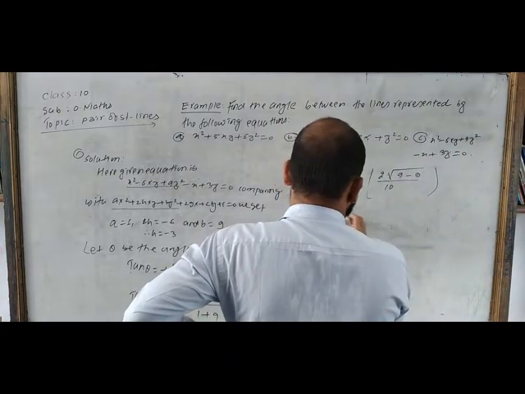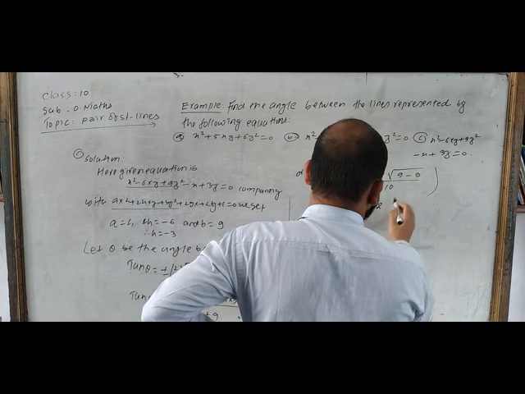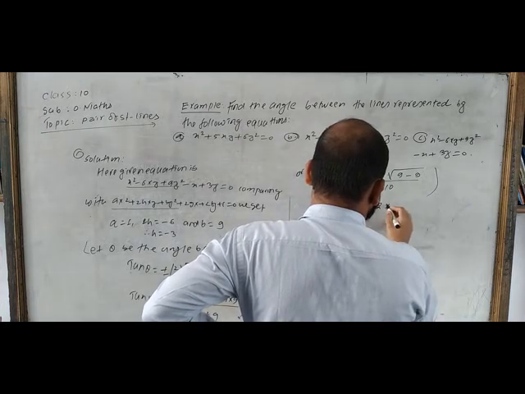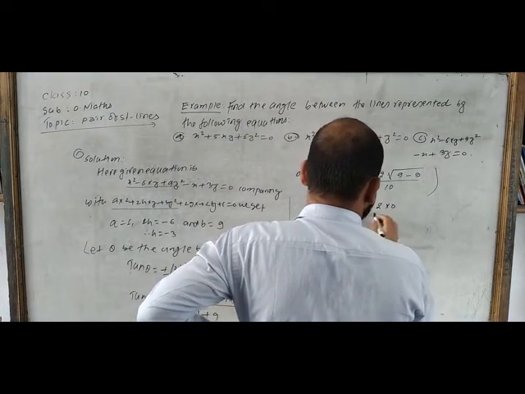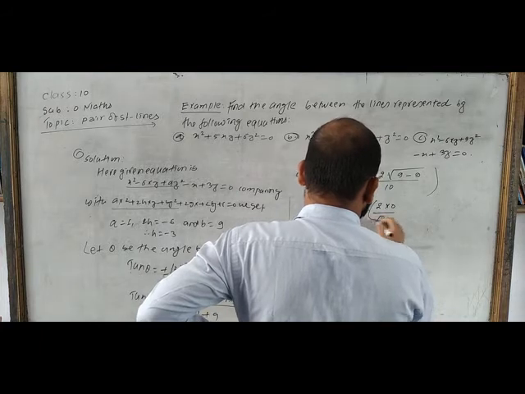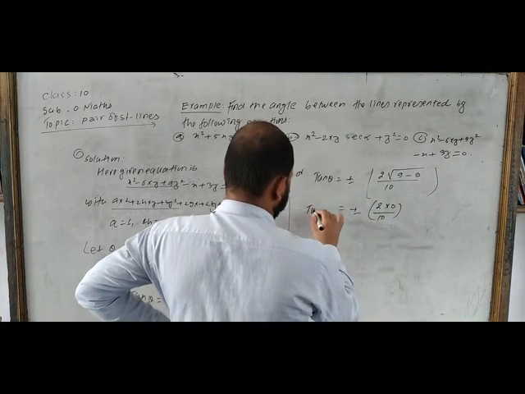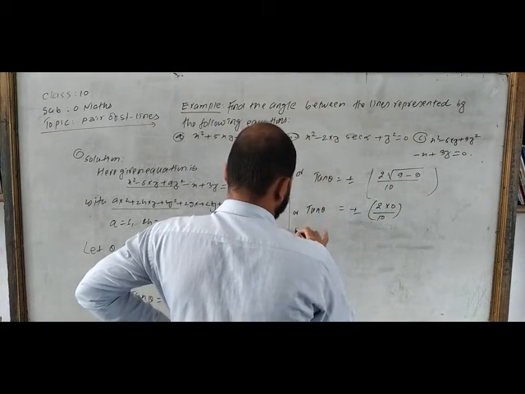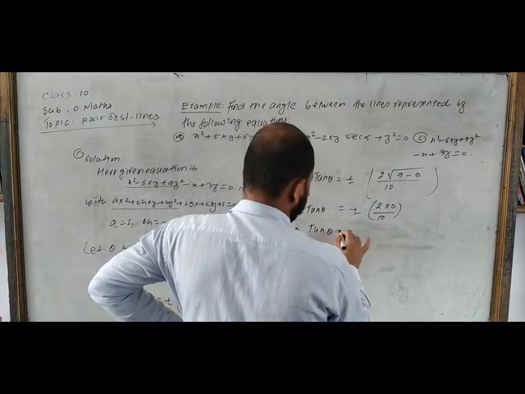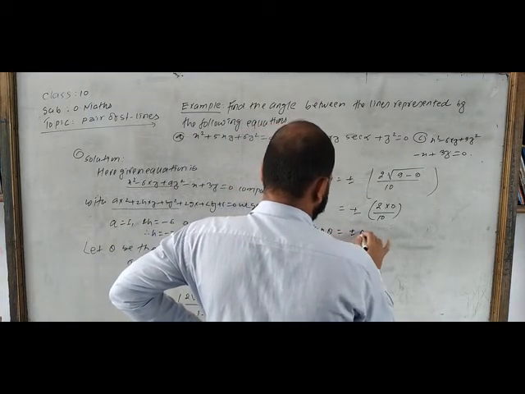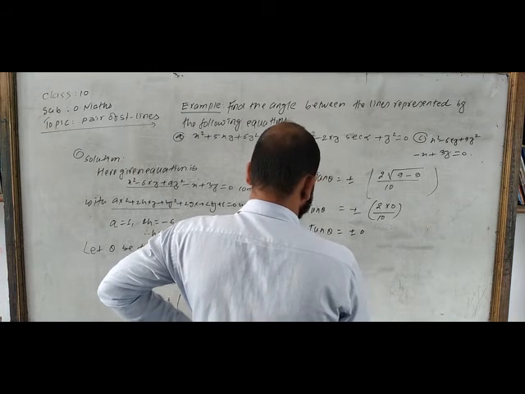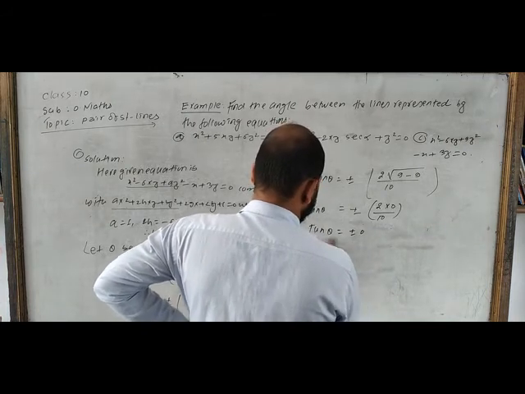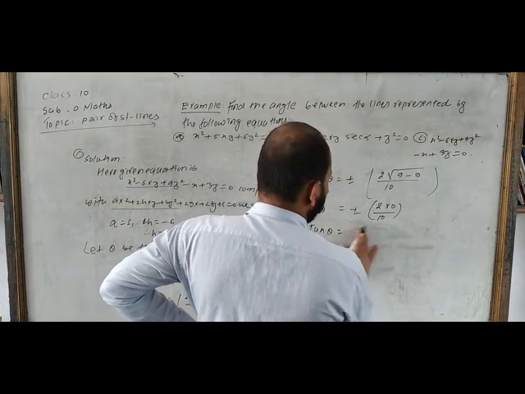And here plus minus 2 root of 9 minus 9, its value is 0, by 10. And tan theta is equal to plus minus 0. So we easily write directly 0.